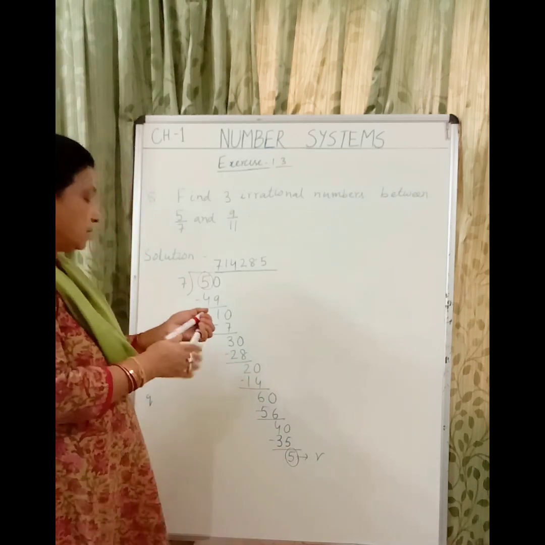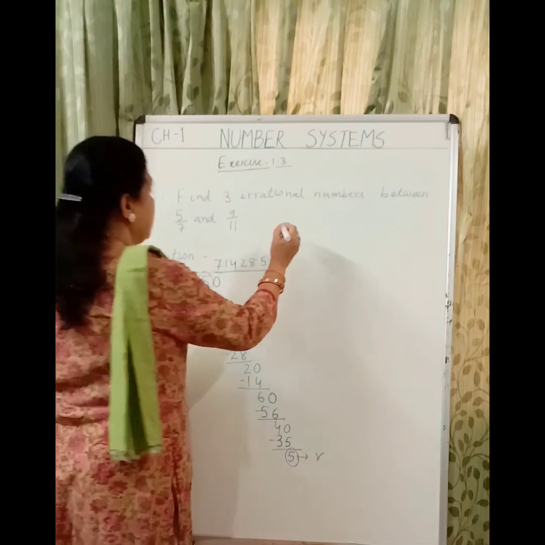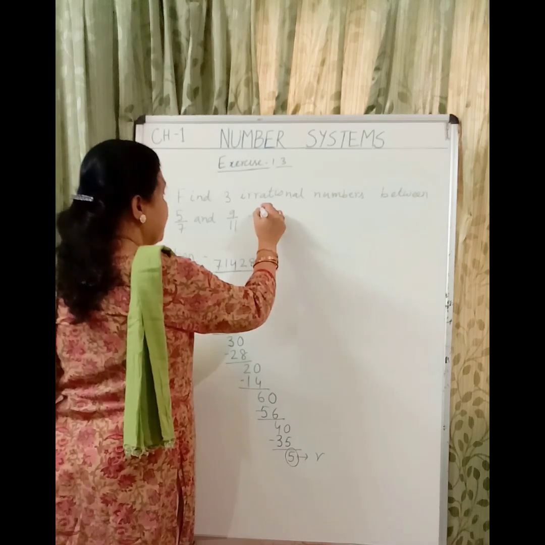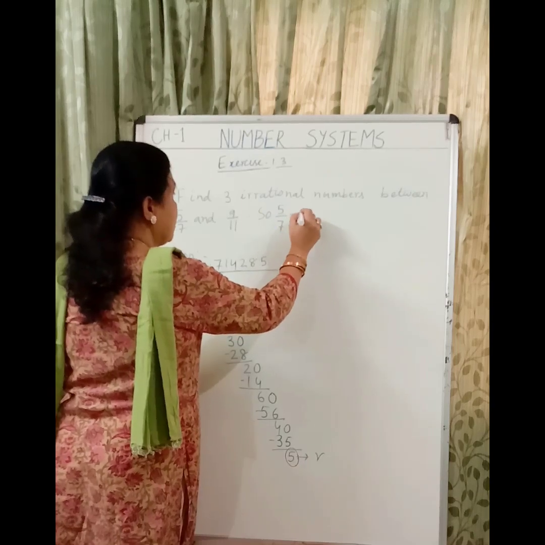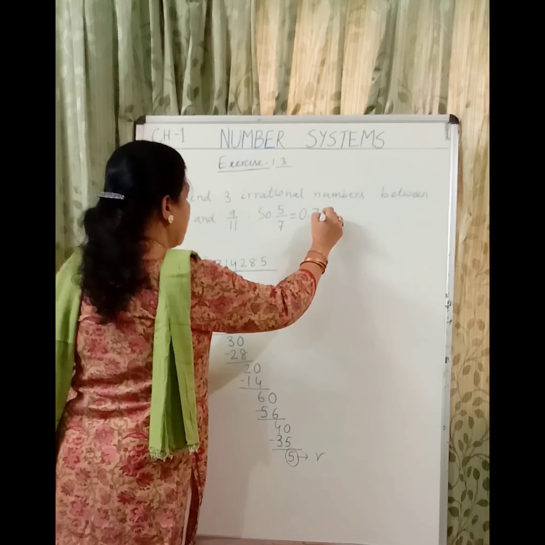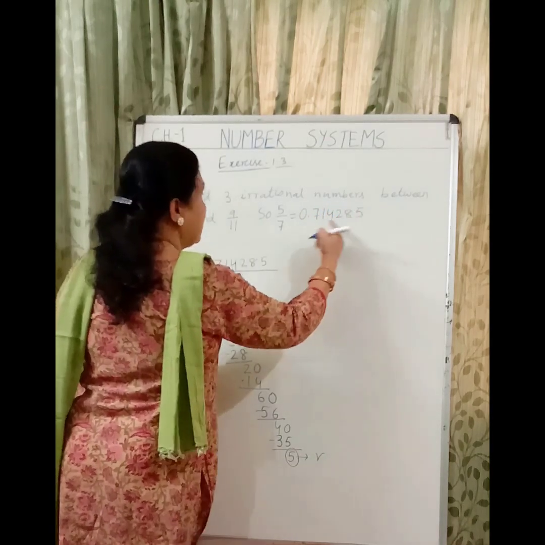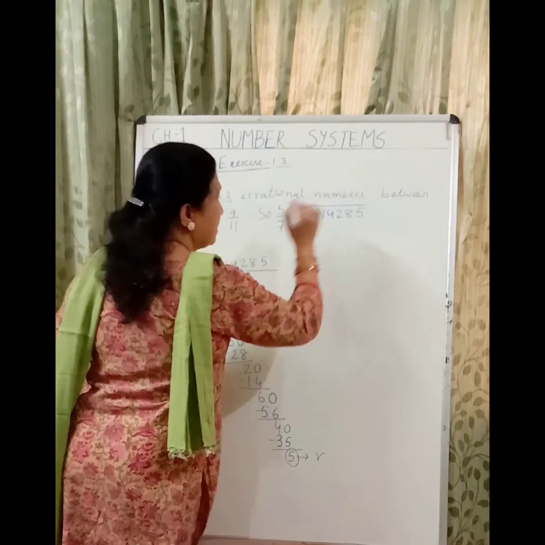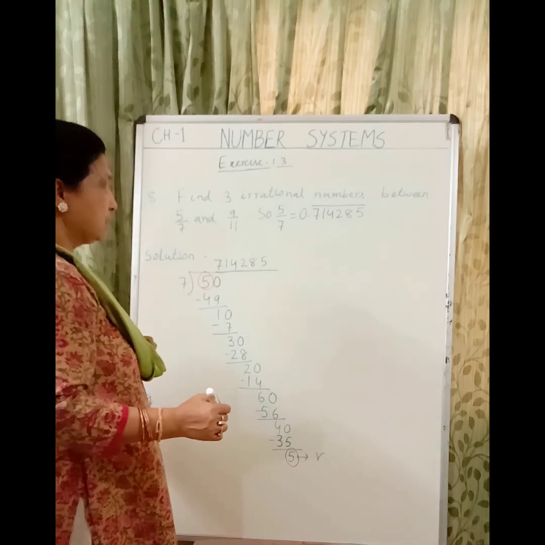So what is the decimal expansion of 5/7? 5/7 is equal to 0.714285, and all the digits will be coming as repeated digits if we continue the division process.